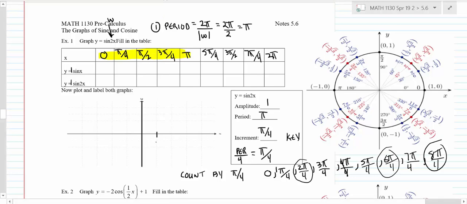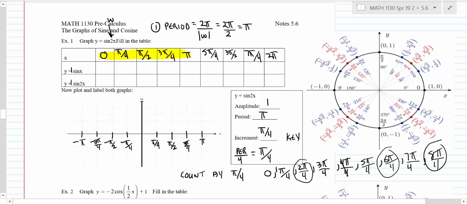Let's put a pi over 4 there, and then pi over 2, then 3 pi over 4, and then pi. Then we're going to go backwards into the negatives just so it'll fit on our graph here. So I've got negative pi over 4, negative pi over 2, and so forth. So you want to get everything nice and set up there.